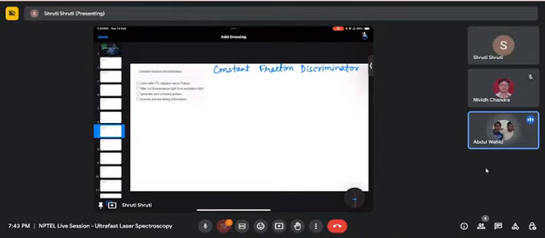If it is in tens of nanoseconds, you keep your TAC range in hundreds of nanoseconds. If your lifetime is in hundreds of nanoseconds, you keep your TAC range in microseconds. So this is what we use the delay for.